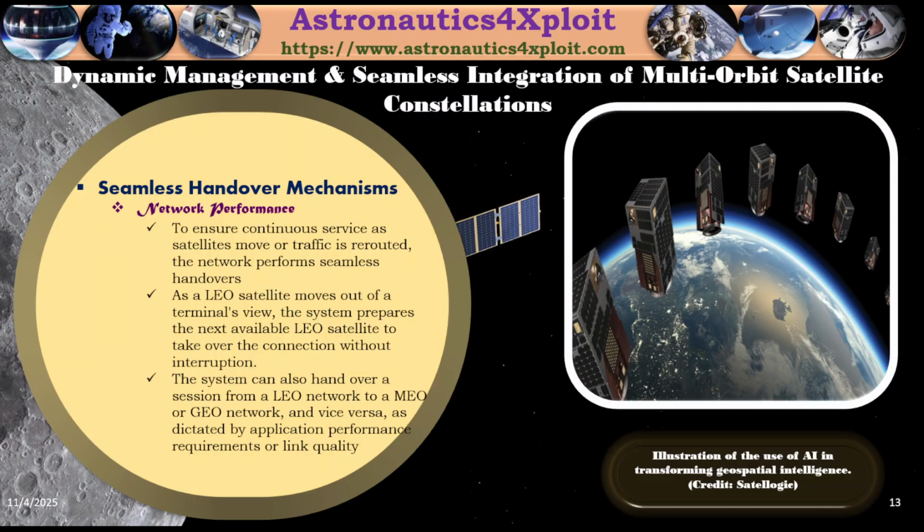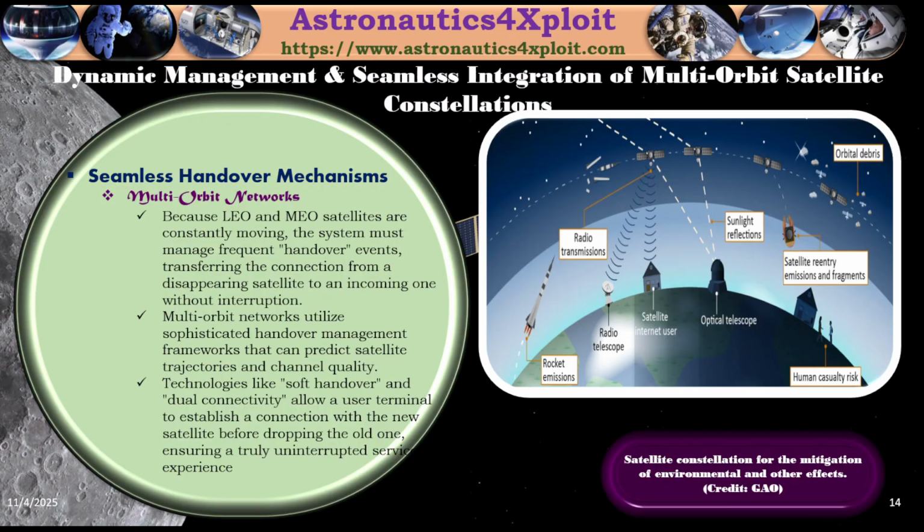The system can also hand over a session from a LEO network to a MEO or GEO network, and vice versa. Illustration of the use of artificial intelligence in transforming geospatial intelligence is shown in this picture. Multi-orbit networks: because LEO and MEO satellites are constantly moving, the system must manage frequent handover events, transferring the connection from a disappearing satellite to an incoming one.